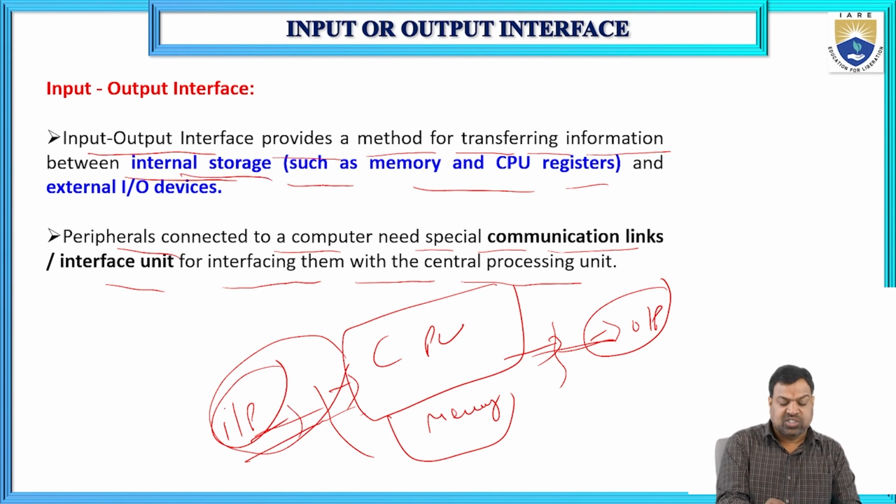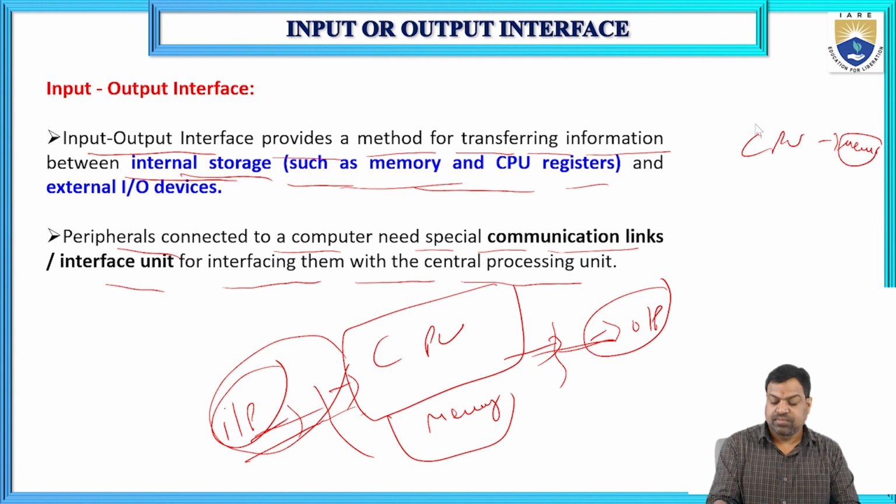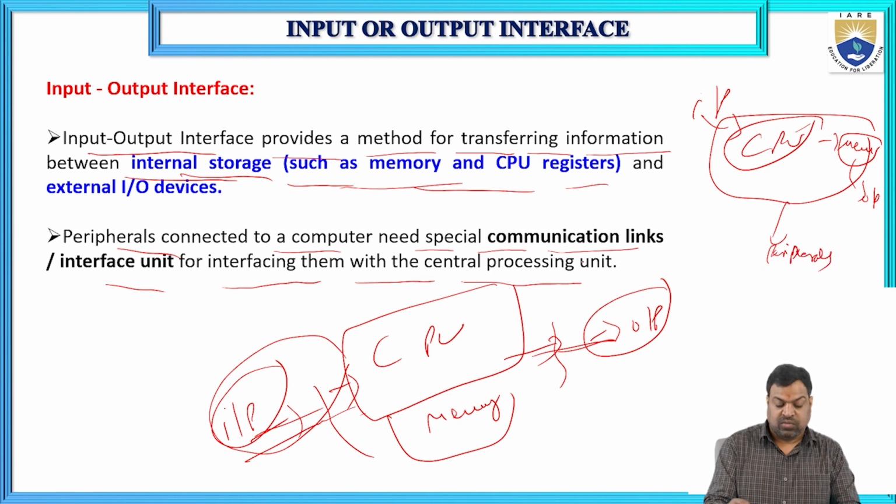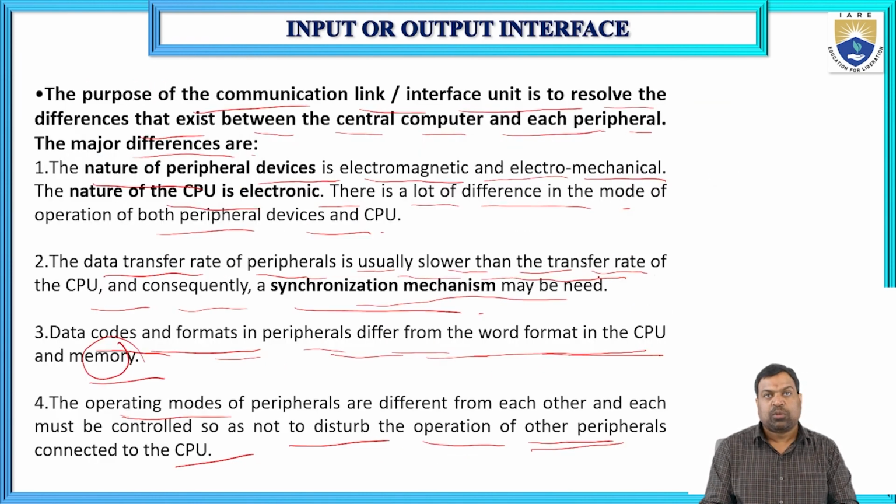So what is the internal storage such as memory and CPU? CPU and memory are internally connected. So for this we need input to output connections. So we need peripherals for this, and peripherals connected to the computer need special communication links or interface units for interfacing them with the central processing unit.